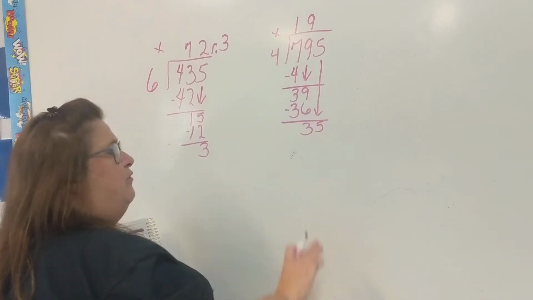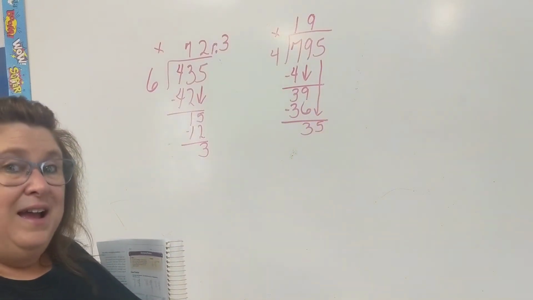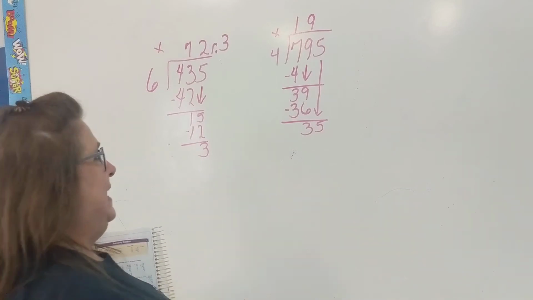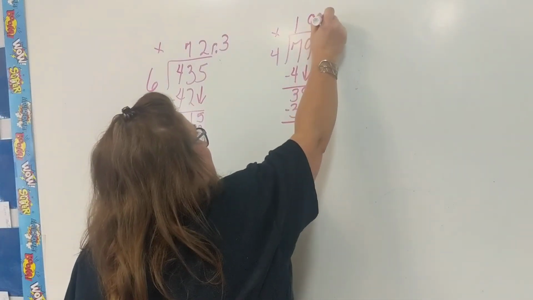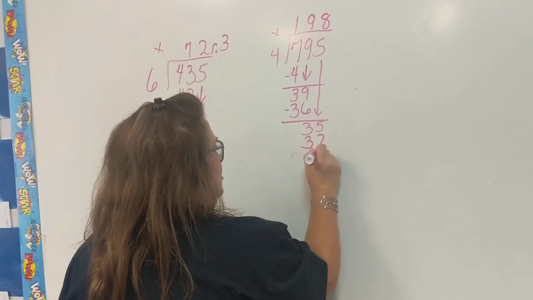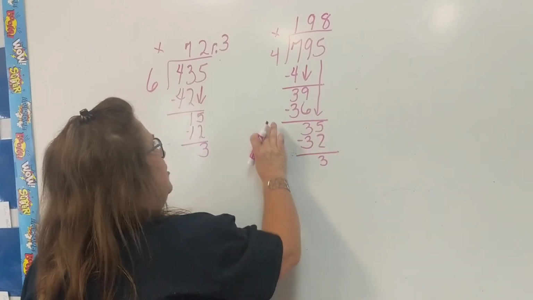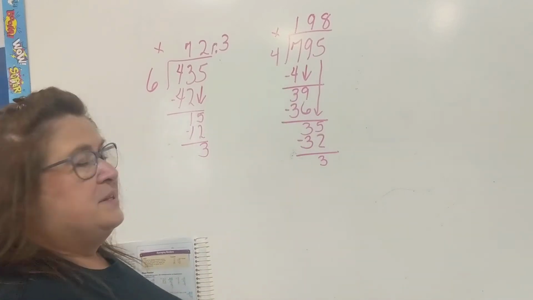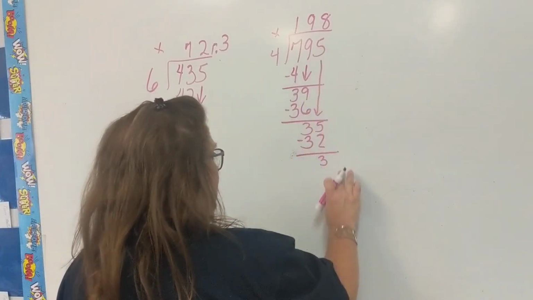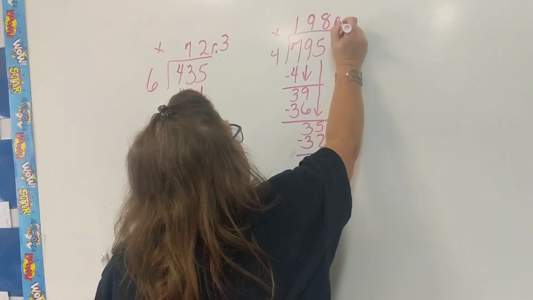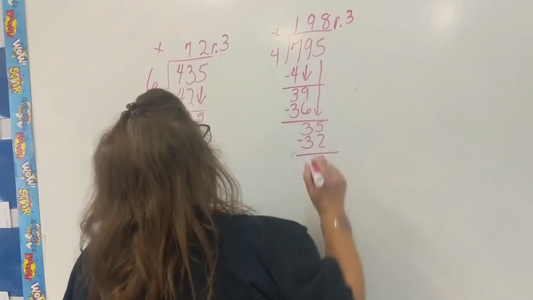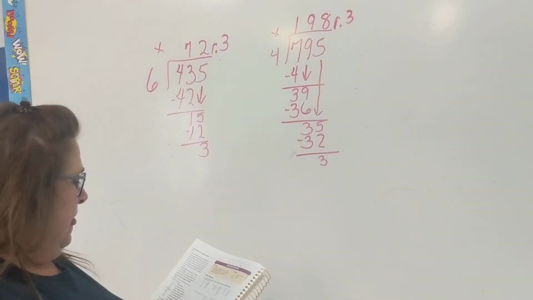And how many times will 4 go into 35? It'll be 8 times. 8 times 4 is 32. We subtract. 5 minus 2 is 3. Is 3 smaller than our divisor? It is. Is there anything else to bring down? There isn't. So remainder 3 will go up in our quotient.